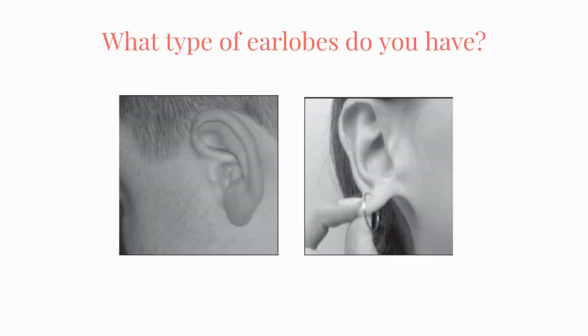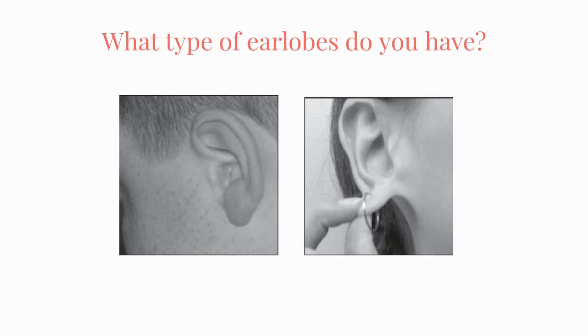Okay, and we're going to start talking about the different traits. So the first one that I want to talk about is earlobes. What type of earlobes do you have? Some people have attached and some people have detached earlobes. If yours are detached or if they hang free, then you're one of the people who have the dominant trait.